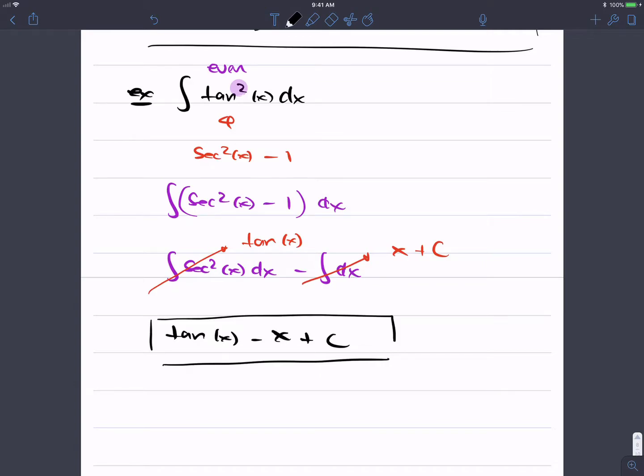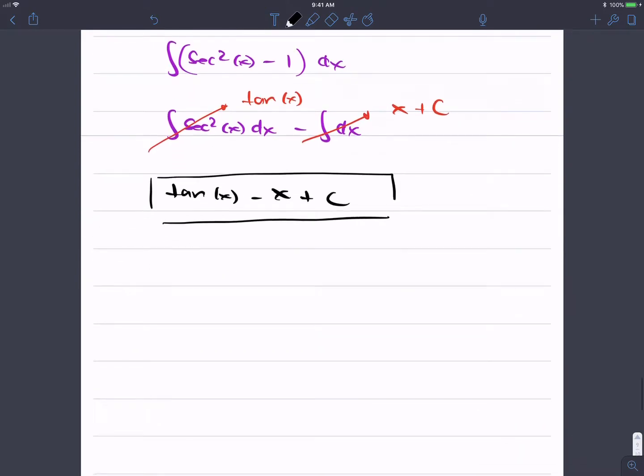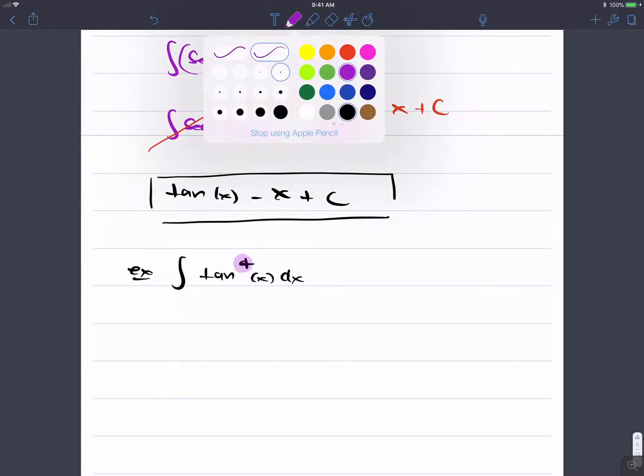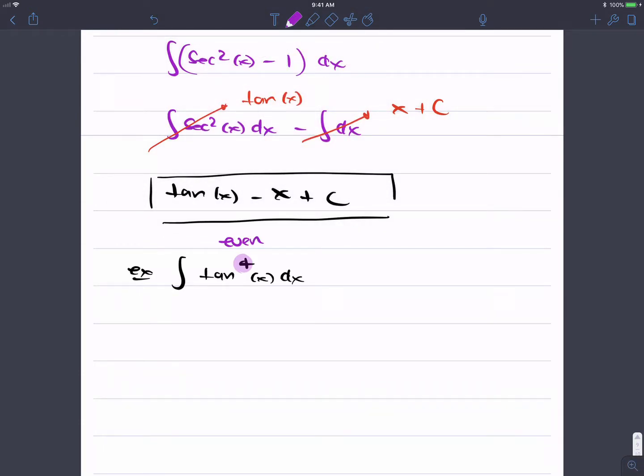This is tangent squared. Now let's go to another even power of tangent. Here's a fourth power. This one is an even power.